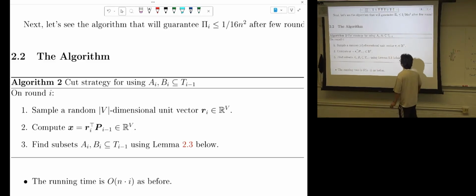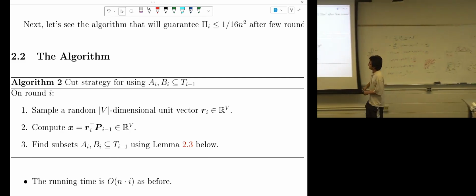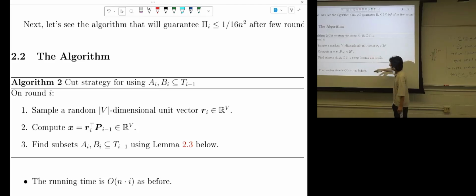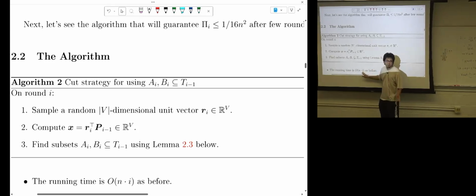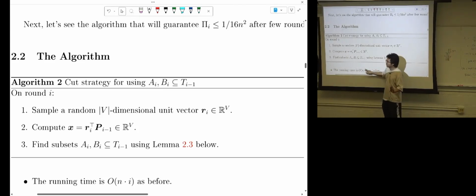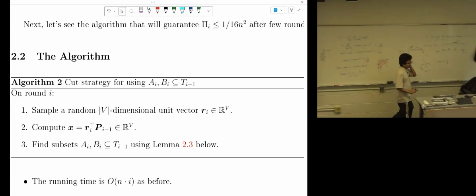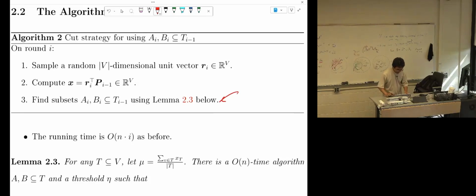And this step is gonna take just linear time still. If this step takes linear time, and this step takes ni times, just like yesterday, the total running time is still fast. But what is this thing?